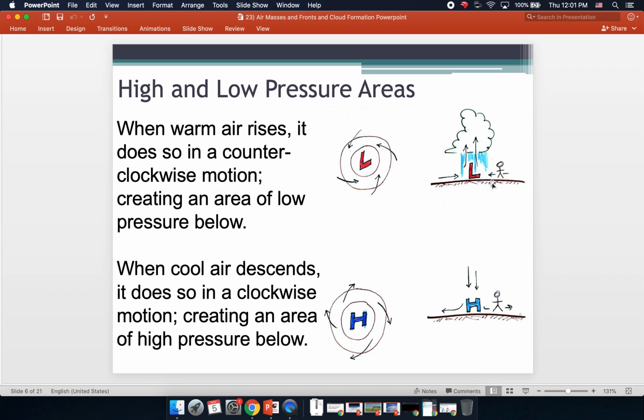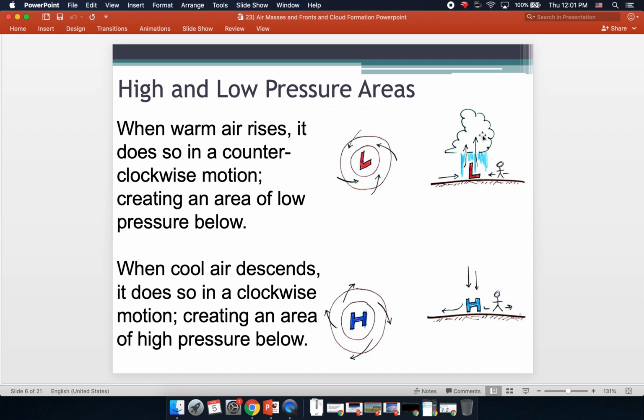It might not seem like it because they're very light, but gases actually do have weight. Whenever the gases are cooler and they're descending down on the earth, they're putting more pressure down on the earth. When they're warmer and they're rising away from the earth, it's relieving pressure off the earth.